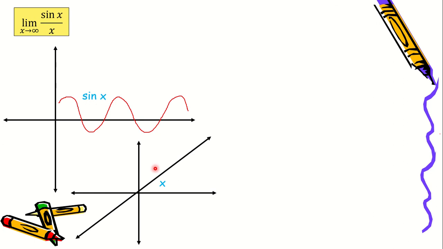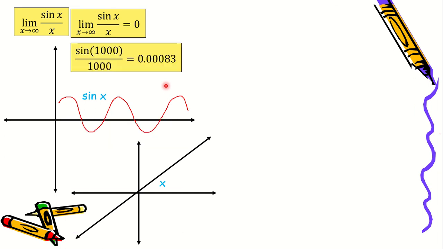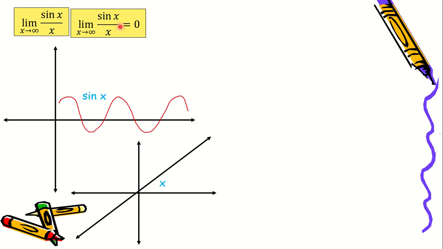This technique only applies if x approaches a very large number, either infinity or negative infinity. So it doesn't work if x approaches 0 or some constant. So since we know that it's bottom heavy, since x increases at a greater rate than sine x, we know that the final answer is going to be 0.